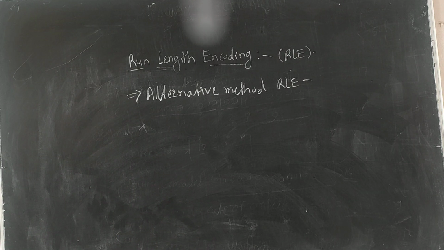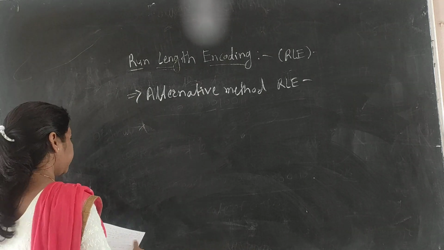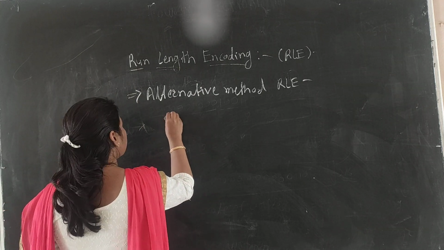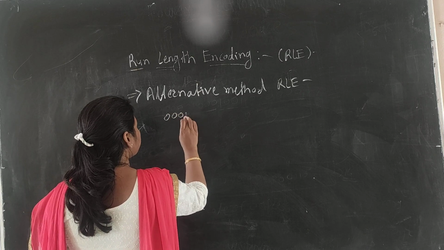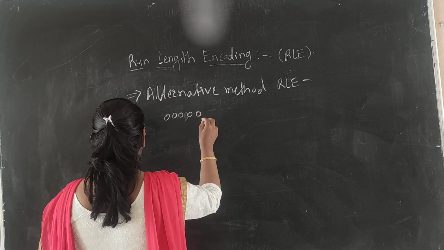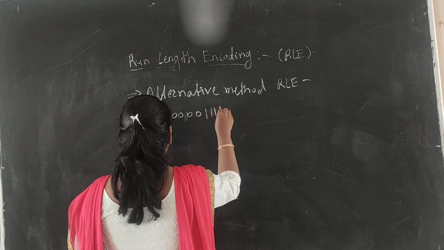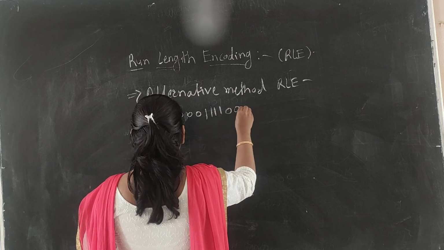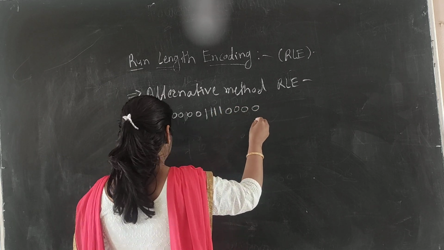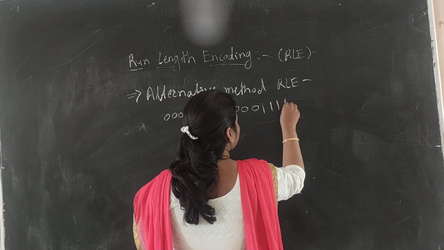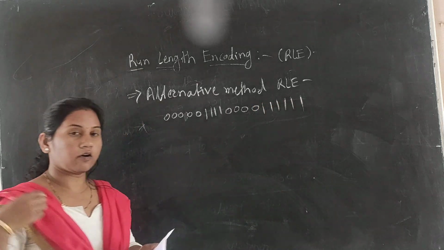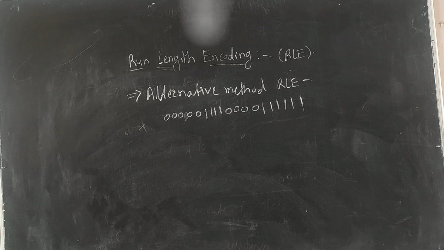For example, we consider an example which contains only two symbols, 0 and 1: 0 0 0 0 0, 1 1 1 1, 0 0 0 0, 1 1 1 1 1 1. This is one example to represent the alternative format of RLE.